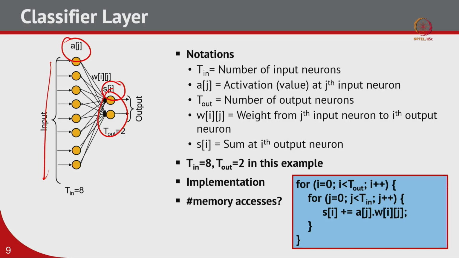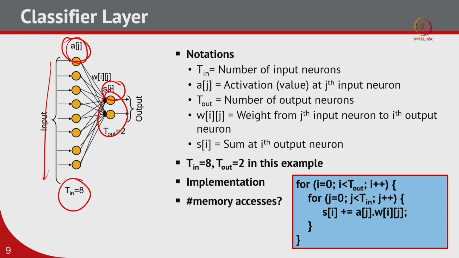Let us fix some notations. T_in is the number of input neurons, and A_j is the activation value at the jth input neuron. You can see that we have 8 input neurons, so T_in equals 8, and all these input neurons are denoted by A_j.